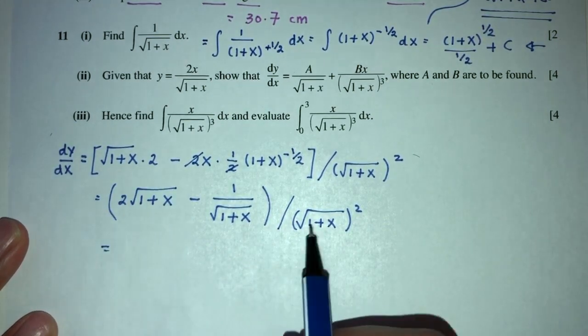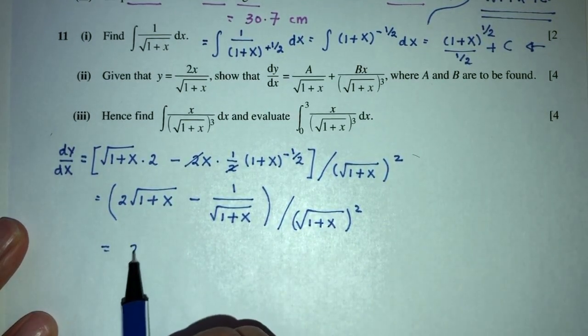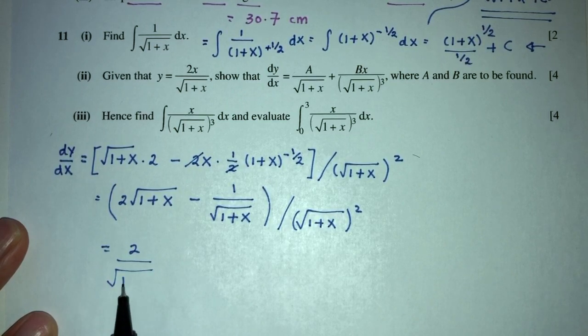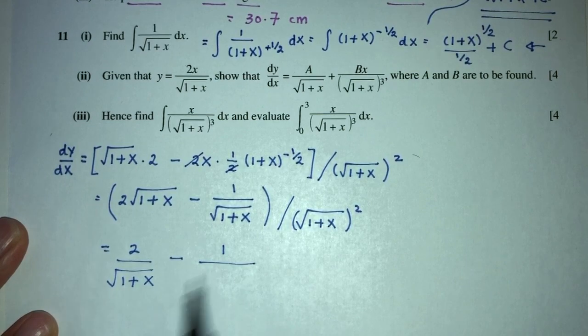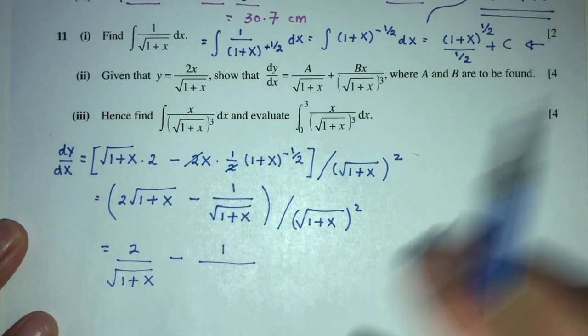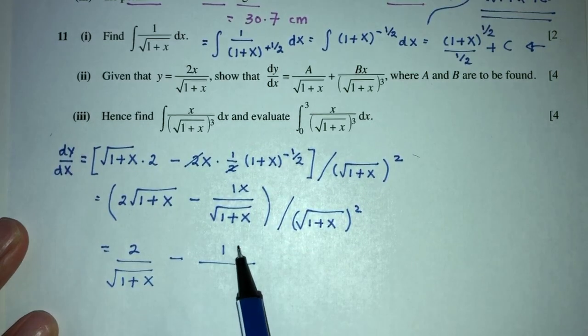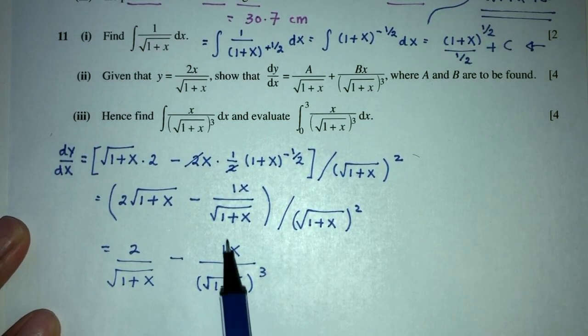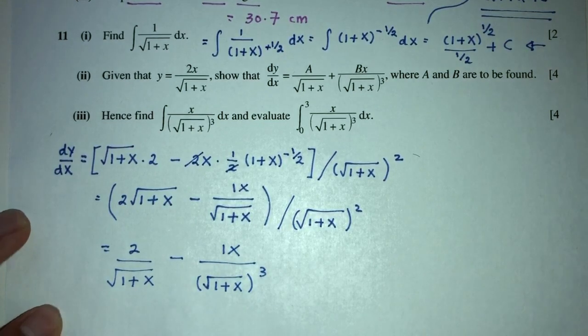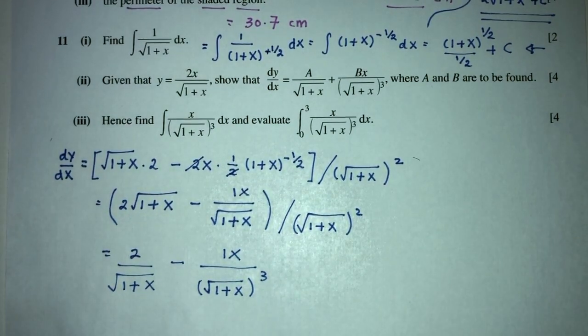This divided by this will give you 2 over root (1 plus x), and I forgot the x here, x that remains, as you can see. So that will give you this, and this you will have root of (1 plus x) to the power 3. So basically the value of a and b: a is 2 and b is minus 1. Okay, so that will be your question number 2.